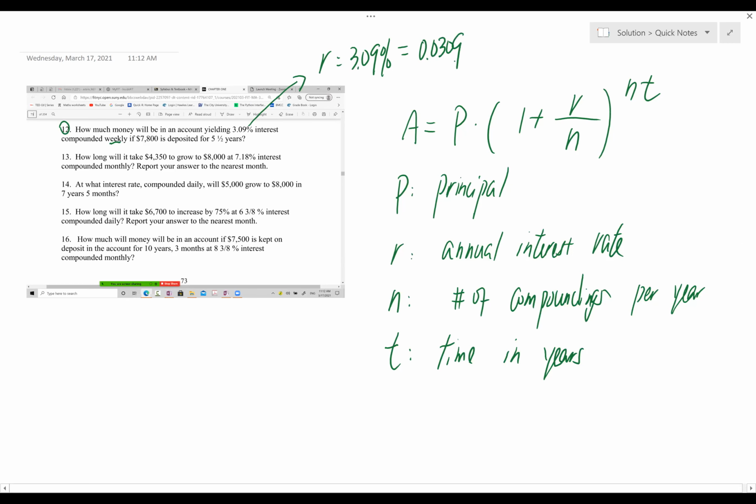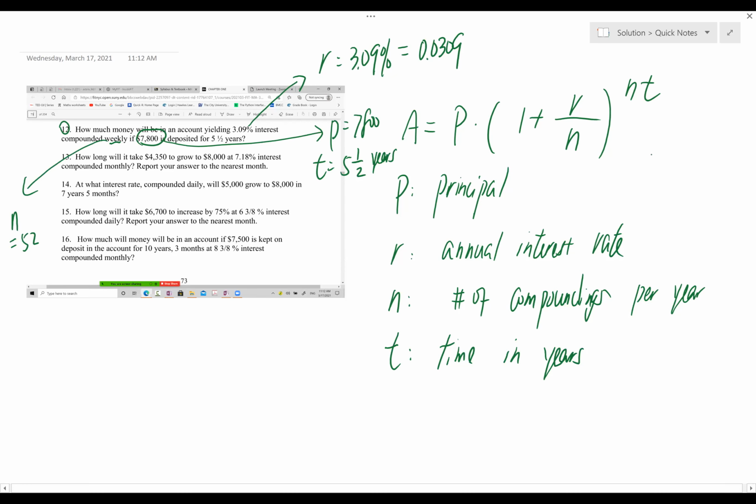We are also given the principal, $7,800, and the time T is 5.5 years. The number of compounding periods is also given because it's compounded weekly, so N is 52 per year. So we know all four pieces of information.